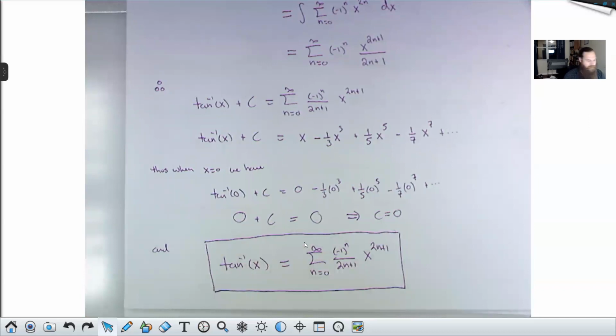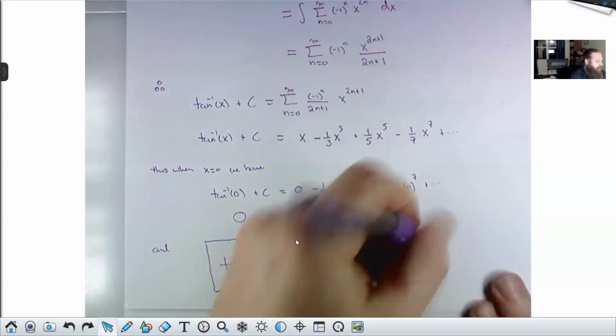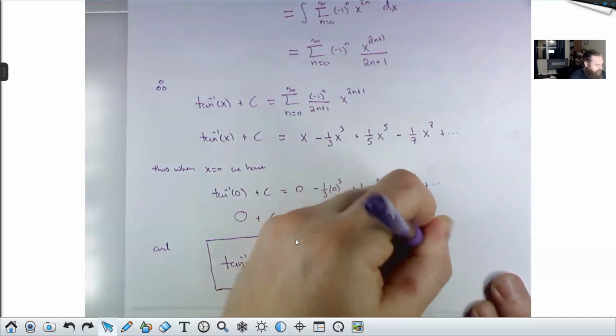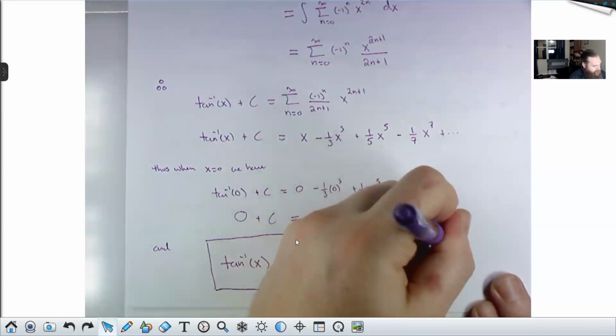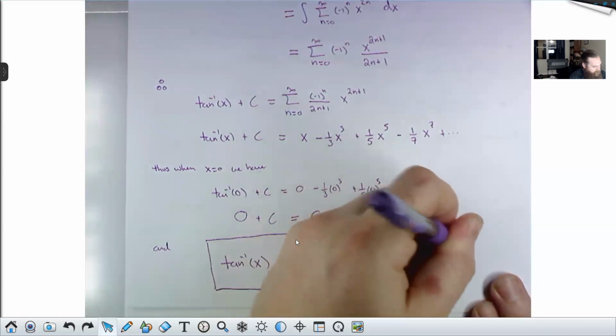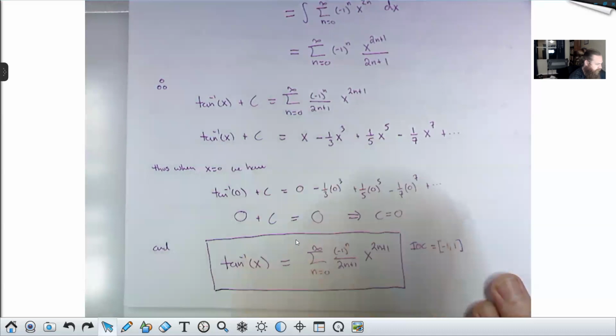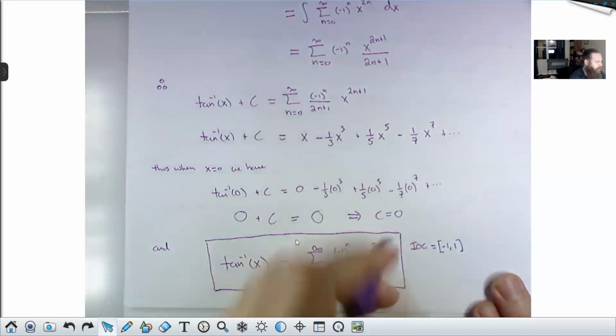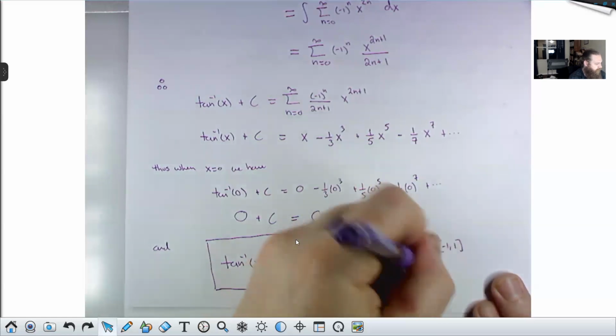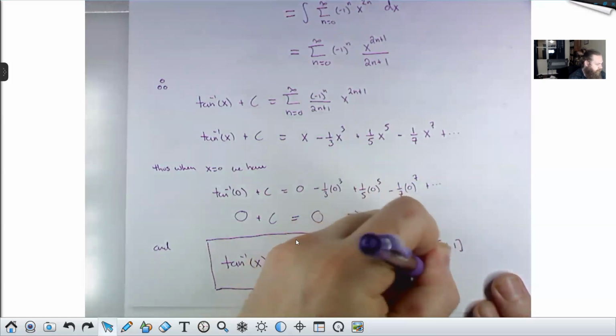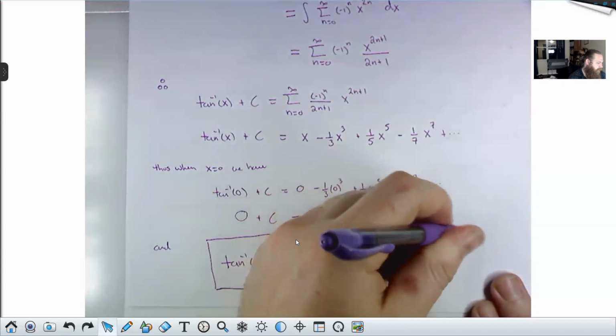Check. Okay. We should actually add this here. The IOC, you do need to check this. Check it with the ratio test. Check it by testing endpoints. You can trust me that the radius doesn't change if you want to. But the IOC here is -1 to 1 closed, right? R is still 1. The center is still 0.